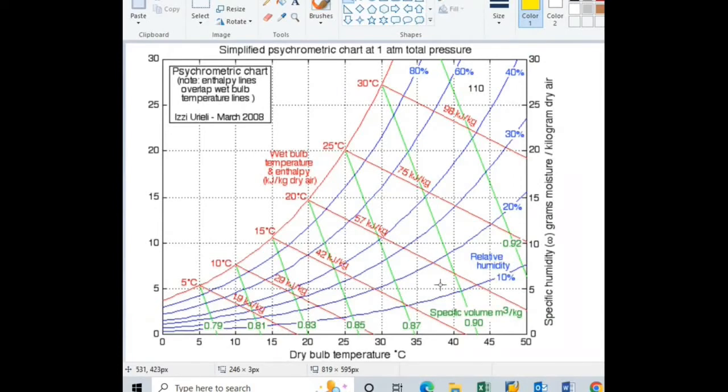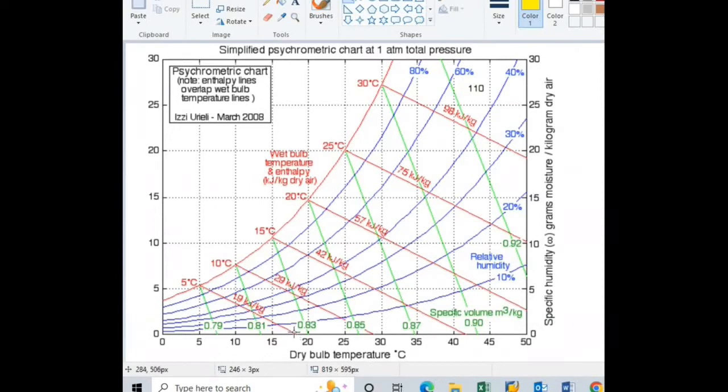This is the psychrometric chart, and we have to plot the point 1 and point 2 as per the given data for the air entering to the cooling tower as well as air leaving from the cooling tower. Now, for this initial condition of air, dry bulb temperature is given 18.5 degrees Celsius.